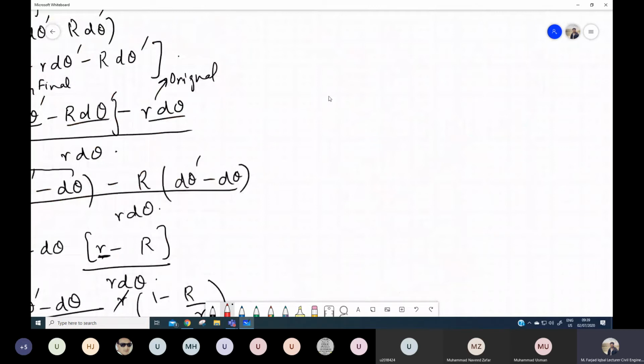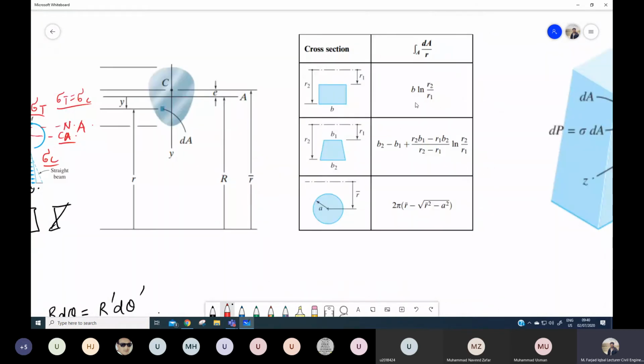For example, for the rectangular cross section, we have just derived the value of this integral, which is this one. But in the case of a trapezoidal cross section, it becomes difficult to solve this integral. So for these cases, we have the predefined values of this integral and we can use them directly in our formula.